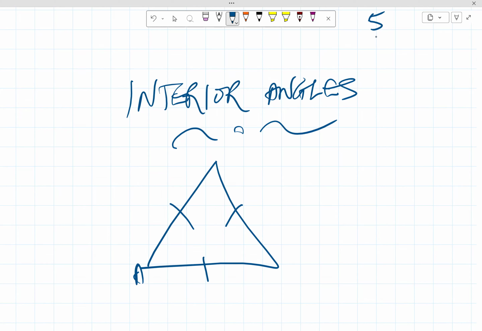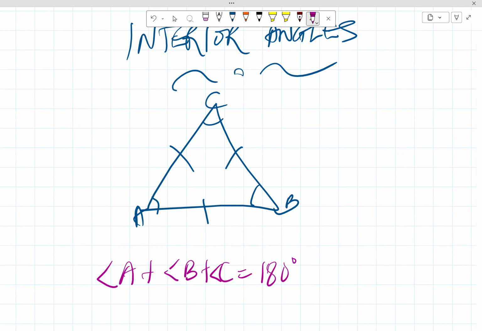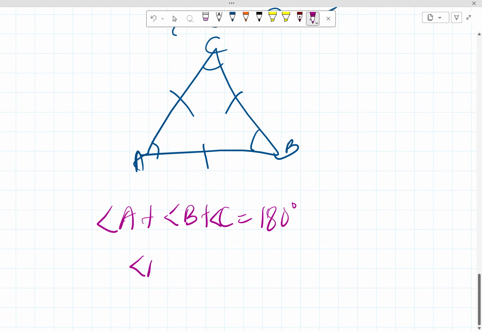So if this is A, B, C, all these sides are equal, all the angles are equal. We know already that angle A plus angle B plus angle C is equal to 180 degrees. And since each one is equal, this is the sum of interior angles, that's the angles inside.